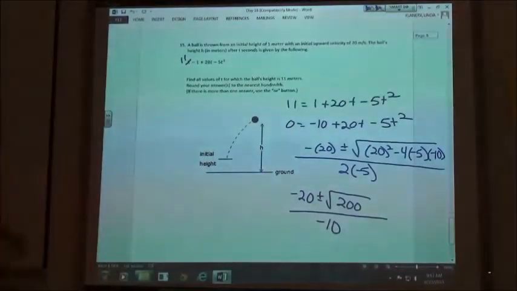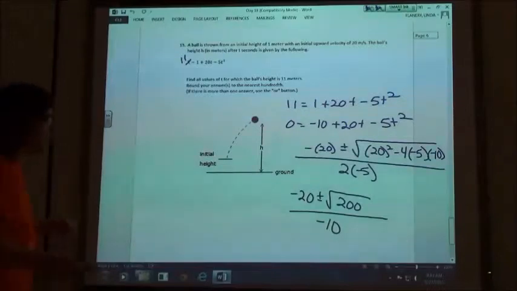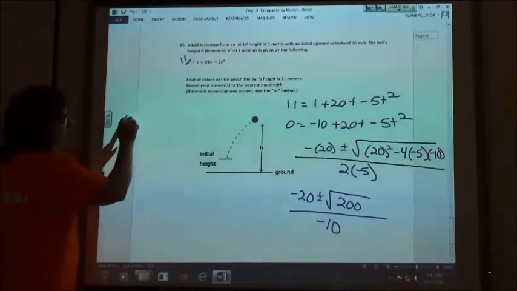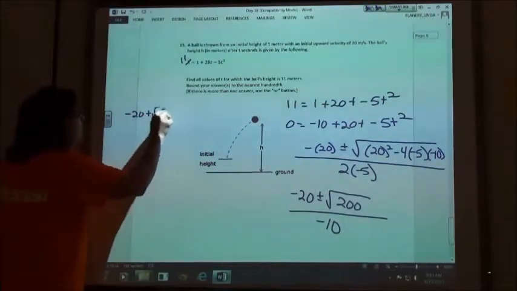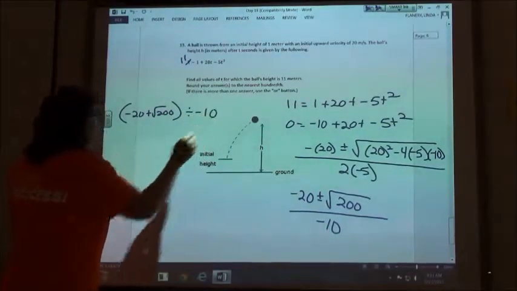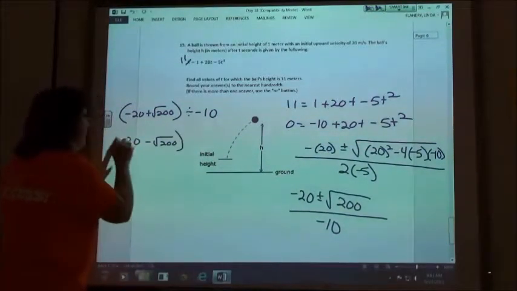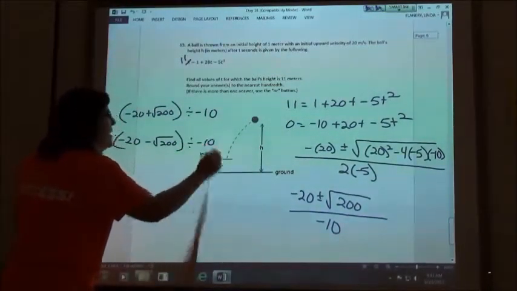So again, we should end up with 2 answers because we're starting at a height of 1, but it's going to hit 11, get to the top, and hit 11 again. So we're going to have negative 20 plus the square root of 200 divided by negative 10, and then negative 20 minus the square root of 200 divided by negative 10.